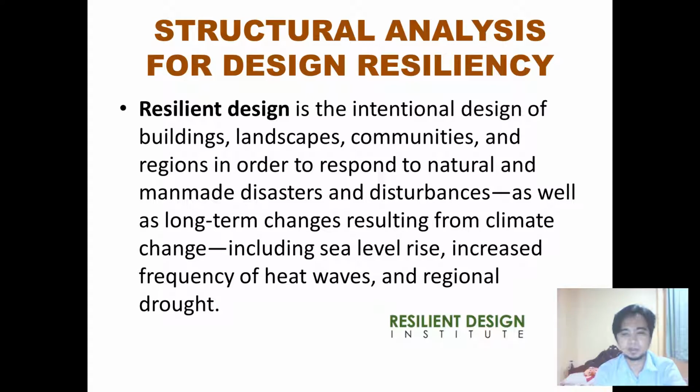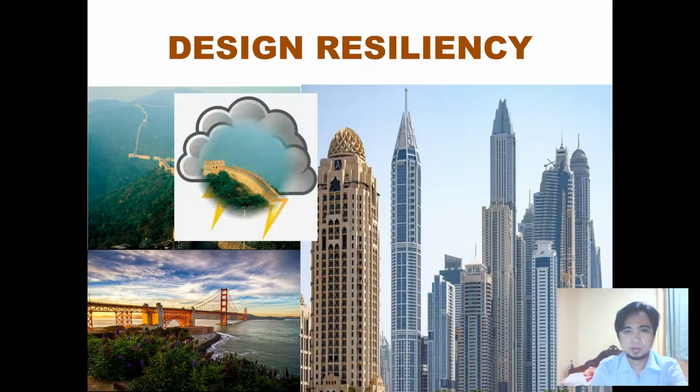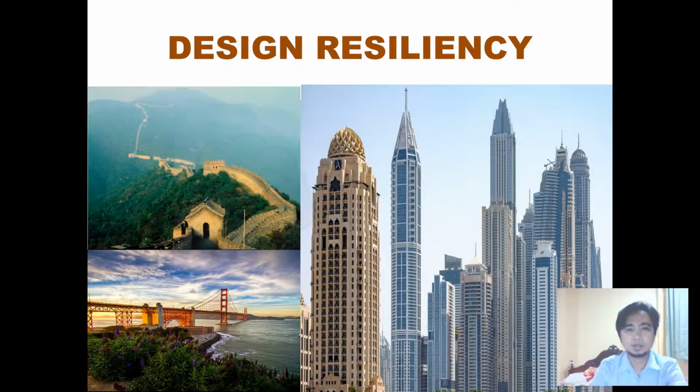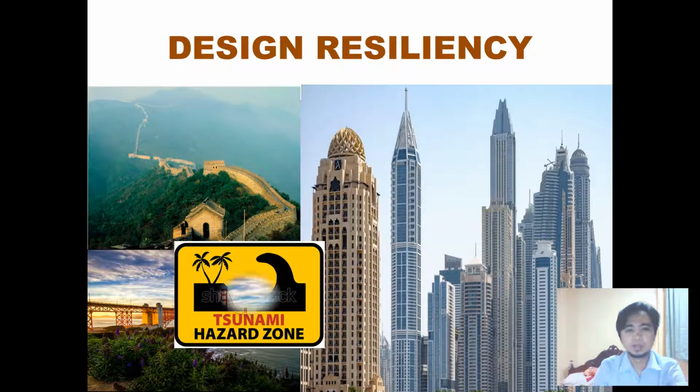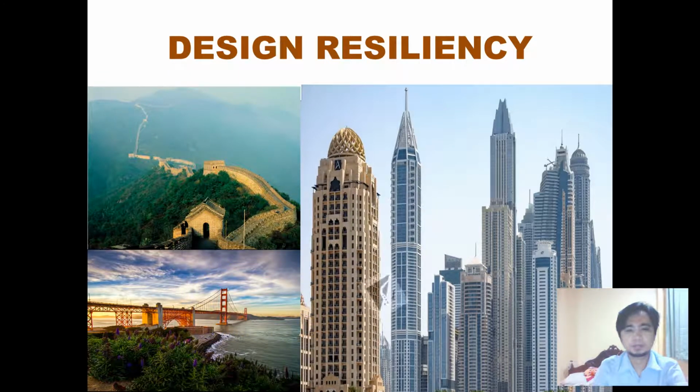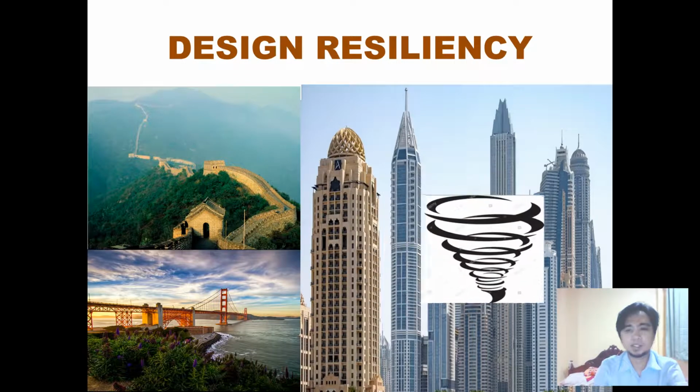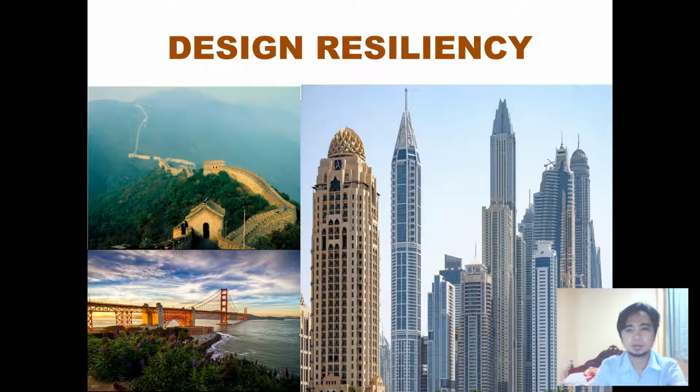So this came from the Resilient Design Institute. As for the design resiliency, your structure, a series of structures, should be adaptable to storm, earthquake, tsunami, or even landslide, as well as tornadoes.